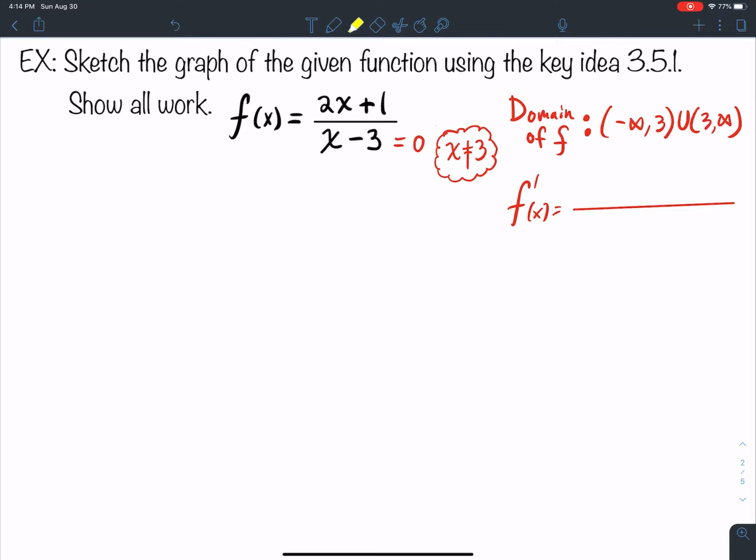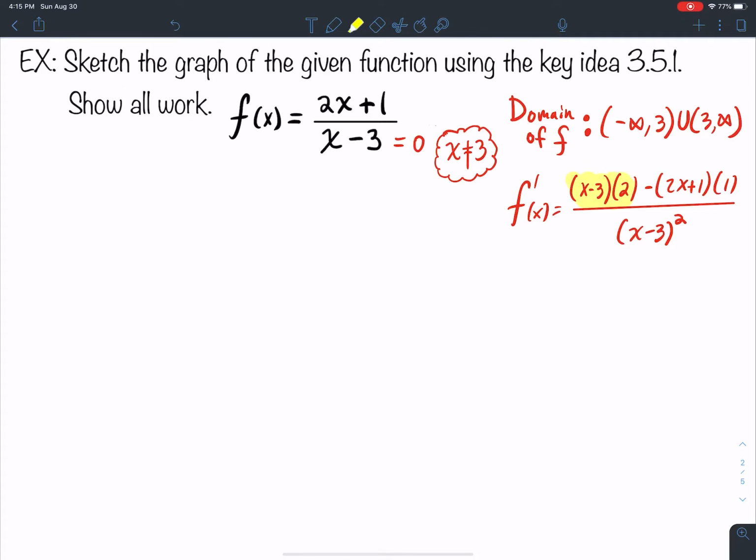So low is x - 3 times d high, the derivative of the top, which is 2, and then minus high, the high is 2x + 1, times d low, the derivative of x - 3, which is just 1, all over low squared, so I take the bottom and I square it.